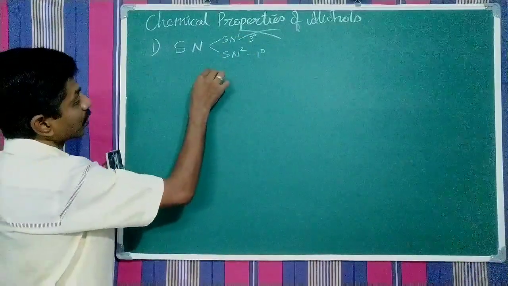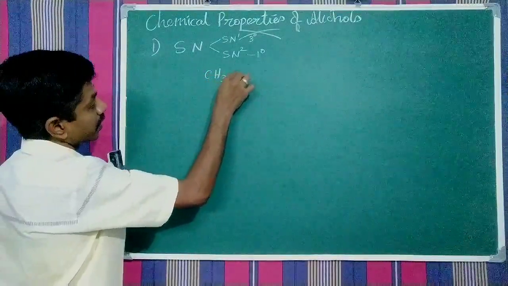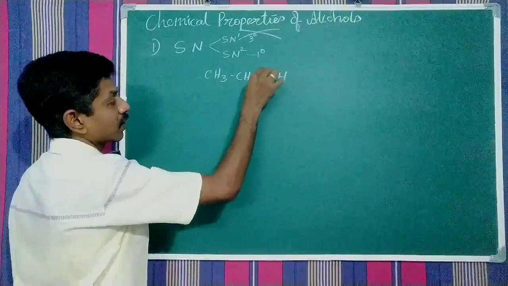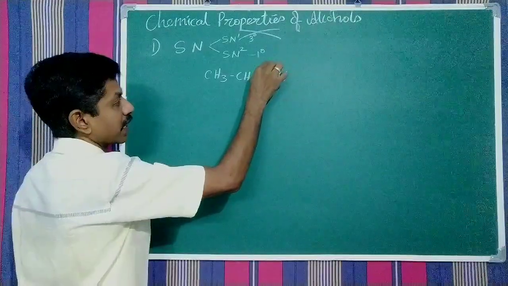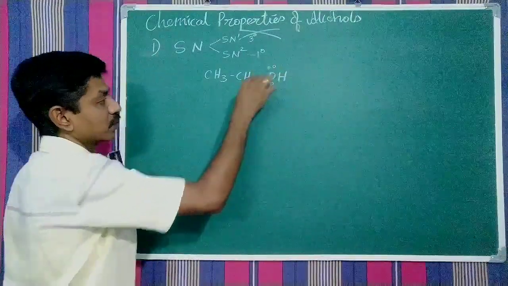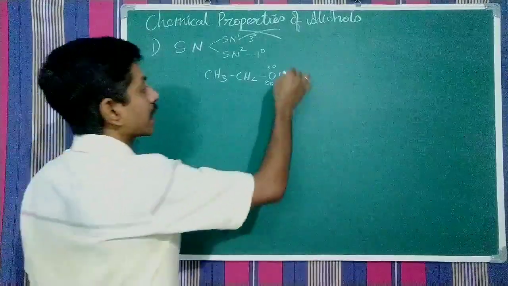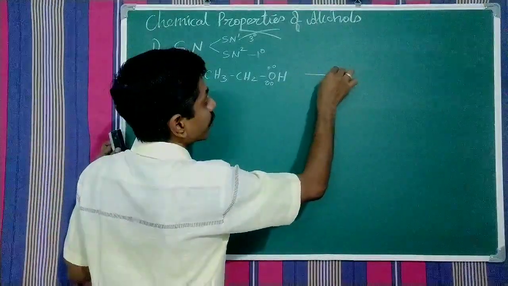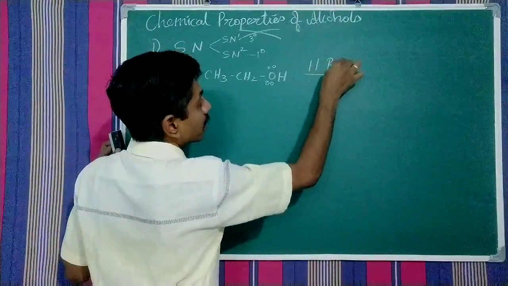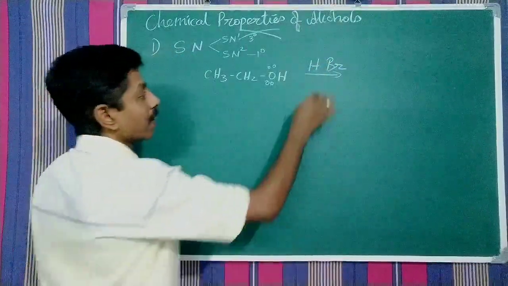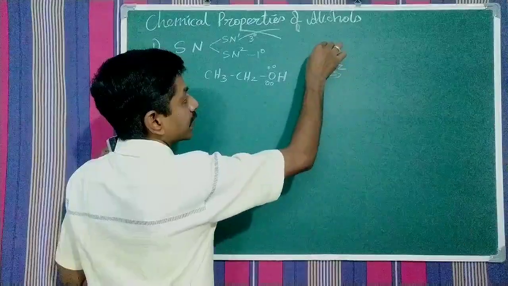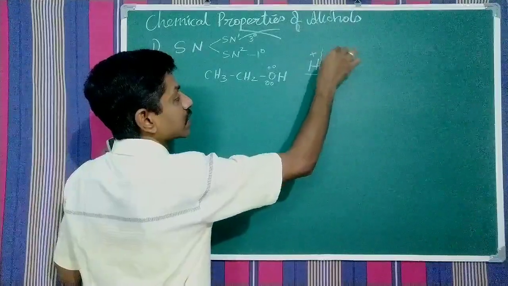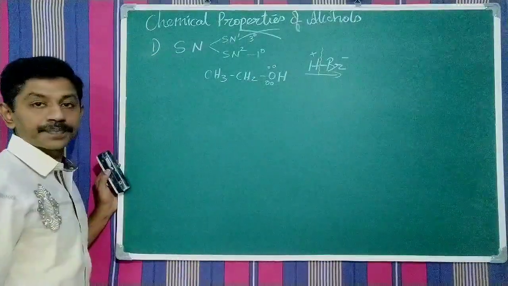In an alcohol molecule, for example CH3CH2OH, the oxygen atom is carrying two lone pairs of electrons, so it can behave like a basic nucleophile. In the presence of HBr, hydrogen bromide, the bond will undergo heterolytic fission, where hydrogen gains a positive charge and bromine gains a negative charge.